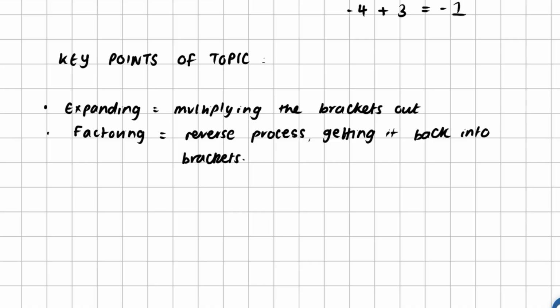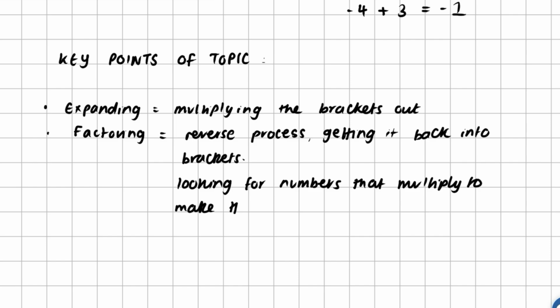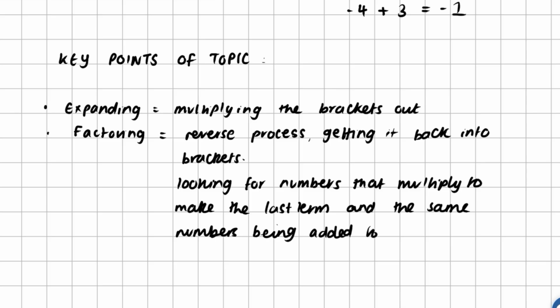What we're doing whilst factorising is we're looking for numbers that multiply to make the last term and the same numbers being added to make the middle term.